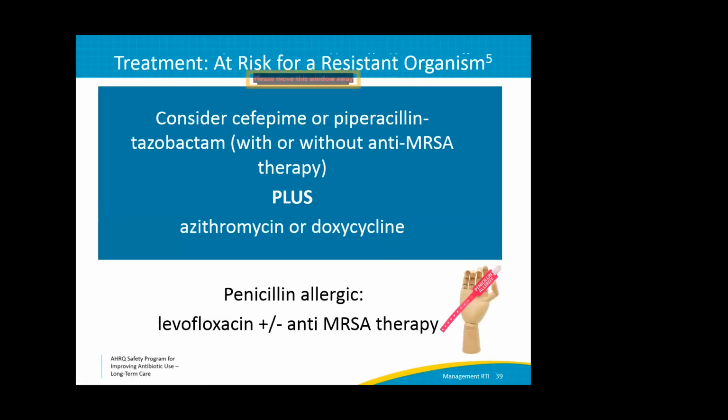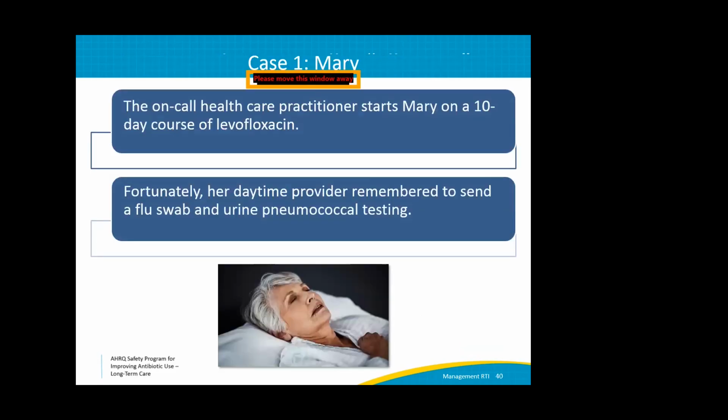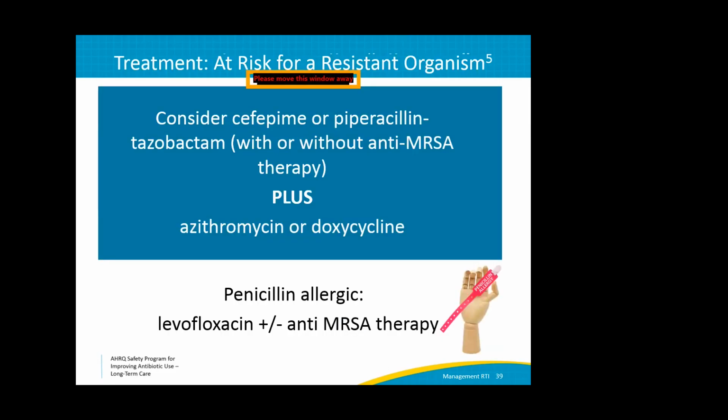So for residents who are at risk for resistant infection, again, this is going to be your residents who were hospitalized or treated with broad-spectrum antibiotics in the past 90 days, who have a history of resistant infections or structural lung disease, etc. You probably do want to start empiric treatment with an anti-pseudomonal antibiotic, such as cefepime or piperacillin-tazobactam, also known as Zosyn.